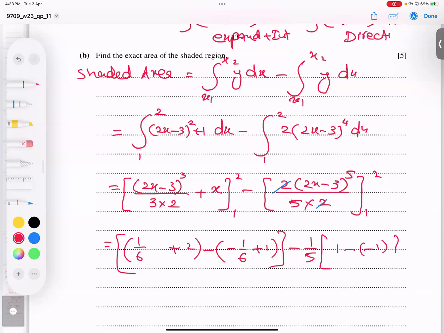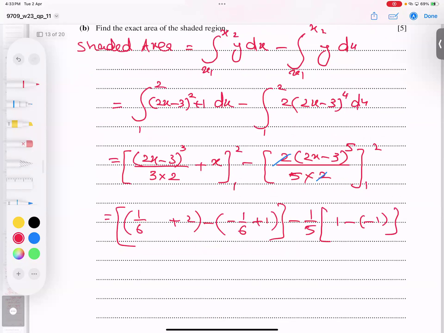Actually, it becomes like this, and later on it becomes plus. Now the rest I can type in a calculator, or let's simplify it. 6 times 2 is 12 plus 1, 13 by 2 comes from here. 1 over 6 and minus 4, 5 by 6 comes from here. Hold on, this is 6, not 2, by mistake. Upper part done. And minus here, minus 1 is plus, so I got 2. So minus 2 over 5.